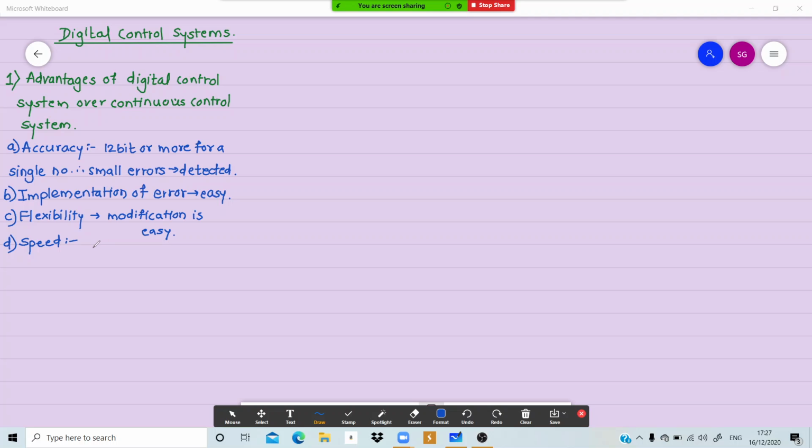So I'll write: processing speed increases, so signals with high frequency can be sensed.